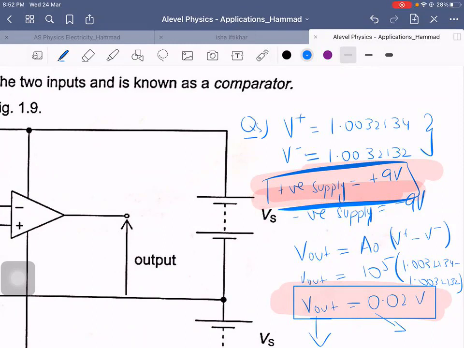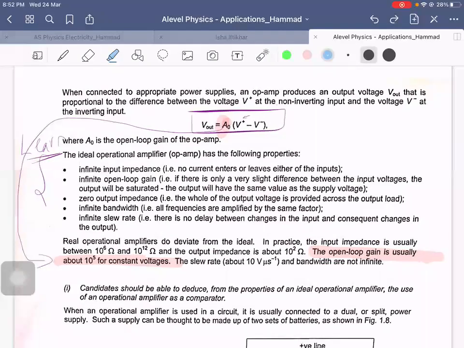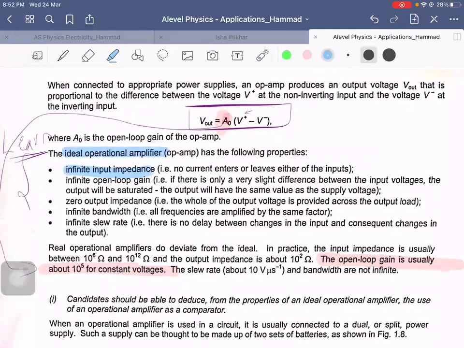But there are some cases, let's say your output came out to be 0 volts. In that case, the amplifier can't really help it. And these include that an ideal operational amplifier will have an infinite input impedance, impedance as in resistance, meaning to say no current enters or leaves the inputs. It has infinite open loop gain, meaning to say there is only slight difference between the input voltages, and the output would be saturated. The output will have the same value as the supply voltage, something that we just discussed, right?